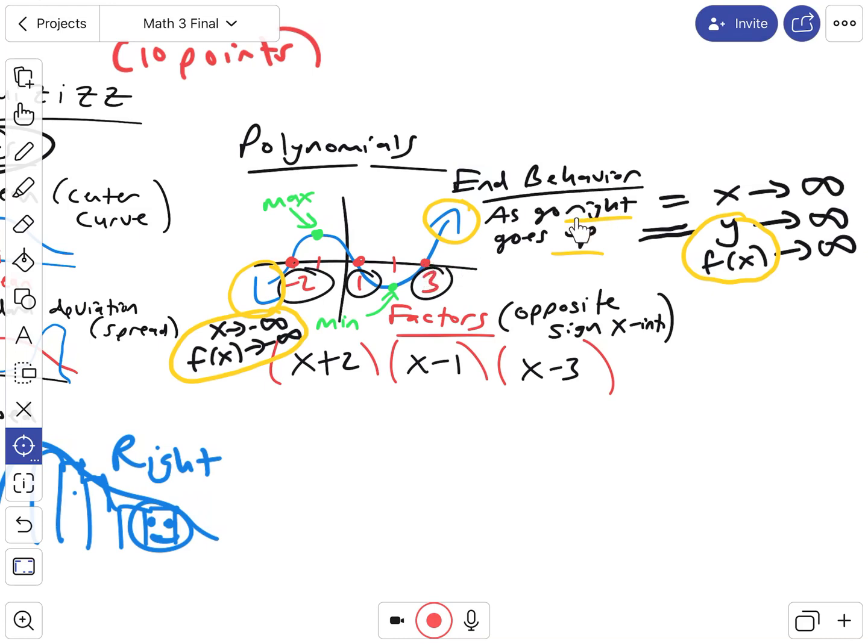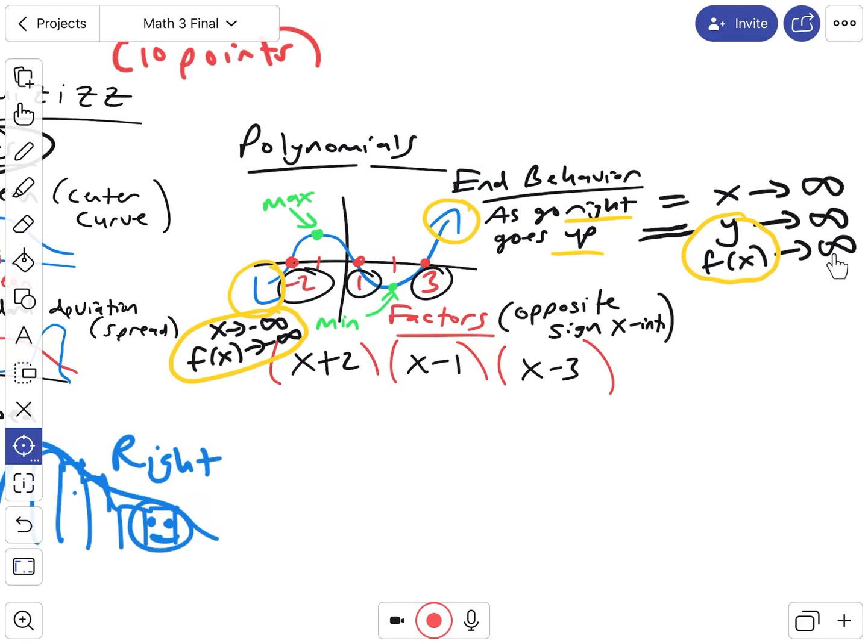End behavior is also another one, like this graph here. As you go to the right, it goes up. That can be translated as when x is approaching infinity, that means going to the right. Positive infinity is to the right. You could also have negative infinity, which is to the left. In this case, this graph is going up, so you would say y goes to positive infinity, which is the up direction, but because it's in function notation, y is written as f of x.